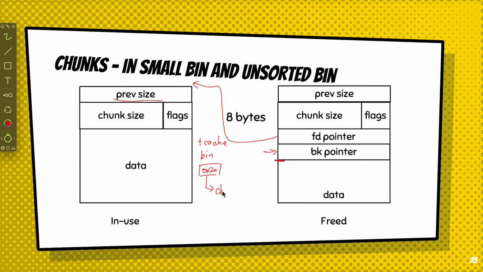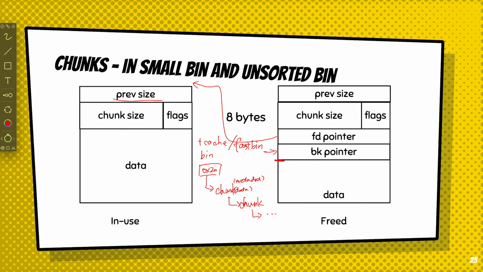It points to the chunk and then points to the next chunk all the time. For fast bin, it's similar. The only difference is that now the chunk is no longer pointing to the data part. It's pointing to the metadata part, which is the actual start of the chunk.